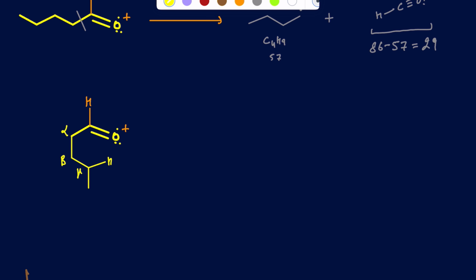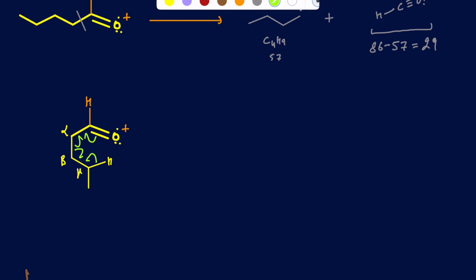So how does this really work out? It's at this point we start seeing some of these arrows flying around. I can have this going in there to make a double bond. So we're doing a homolytic cleavage here. And then this bond breaks, doing a homolytic cleavage right there. This bond breaks, doing a homolytic cleavage. And then this bond between the carbon and hydrogen is doing the homolytic cleavage as well.